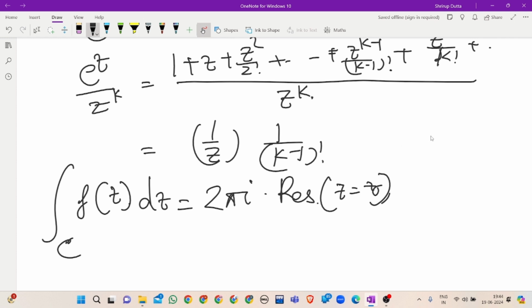So here in our domain |z| less than 1, we have z equal to 0 inside, and we need to find its residue at z equal to 0. That means the coefficient of 1 by z, which is 1 by k minus 1 factorial.